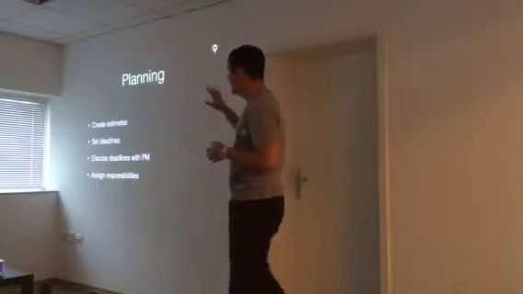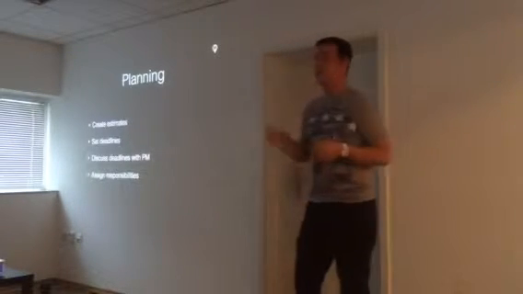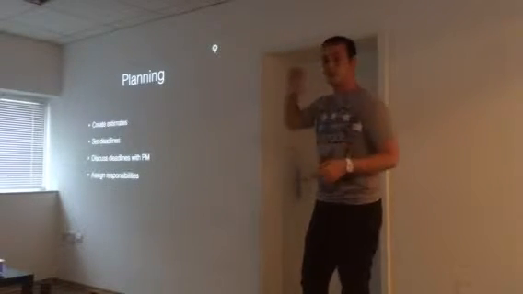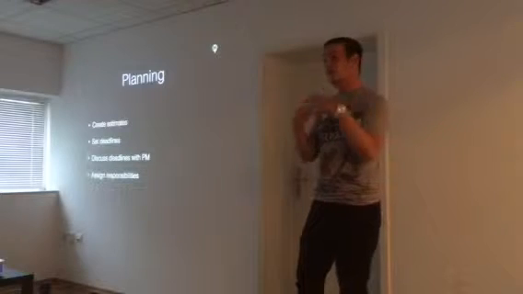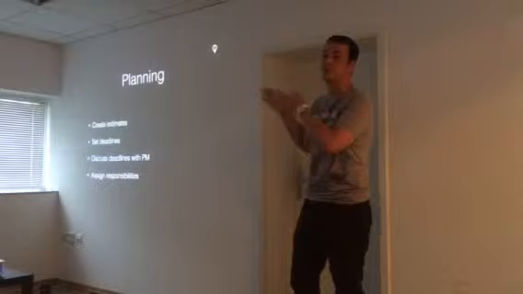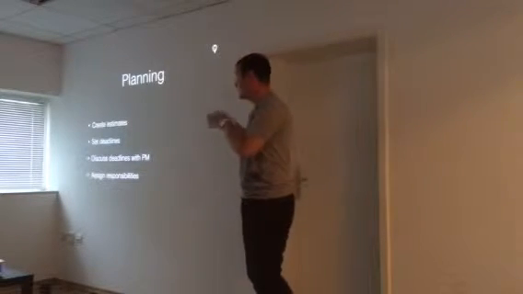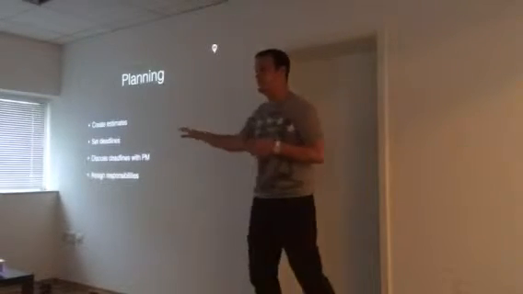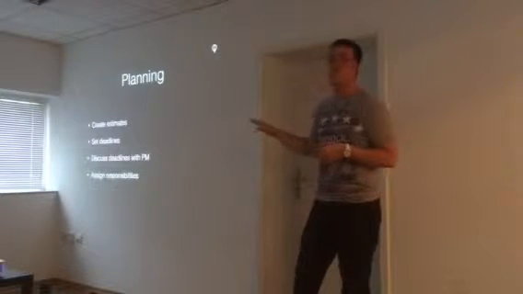And after estimates and deadlines are created, which of course are not going to be hard, they're needed in order to plan better. So this is why project managers are involved here. And after that, as a part of the planning phase, we have assigning responsibilities.